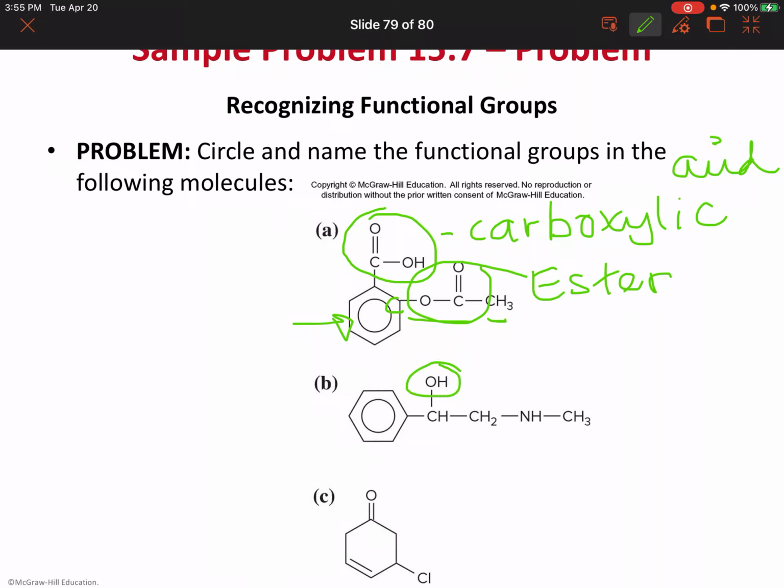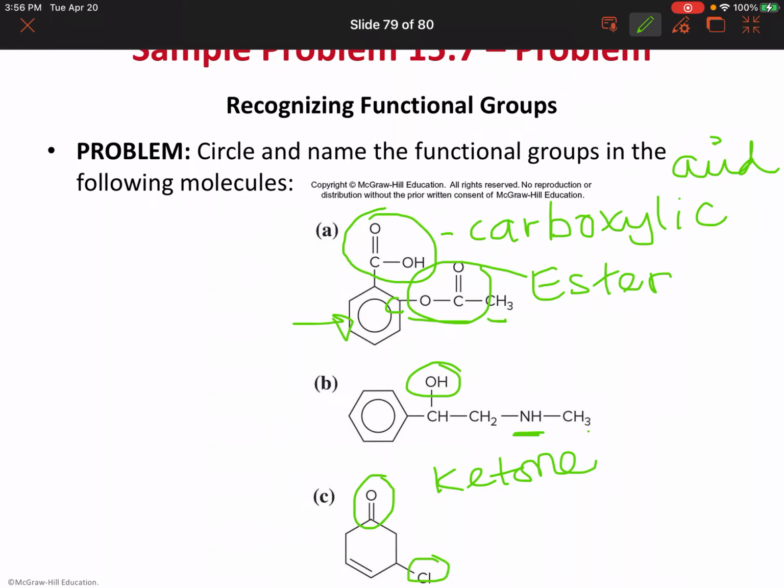And this one, you guys know, is an alcohol. And then here you have nitrogen with carbons on it, so that is an amine functional group. In fact, that's a secondary amine. And this one here is a ketone, with carbon, oxygen, carbonyl group.